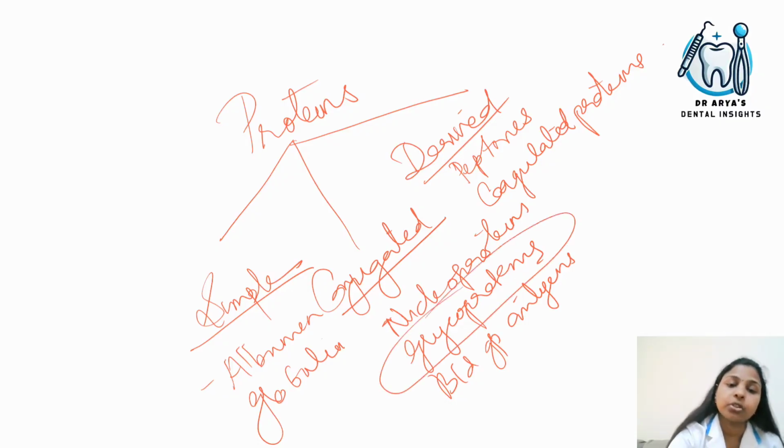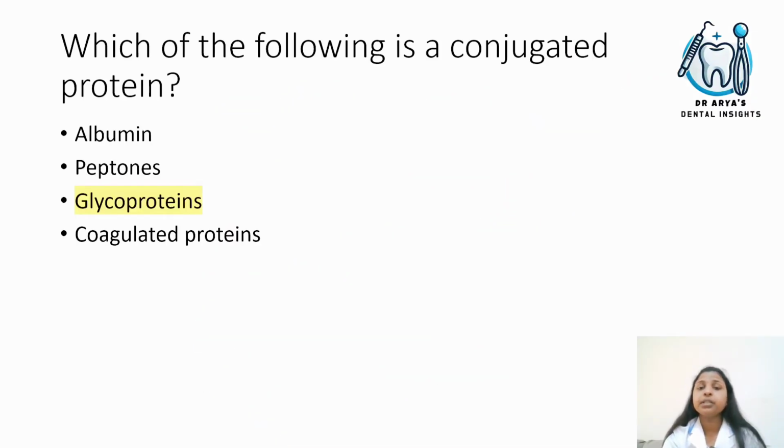And also nucleoproteins and blood group antigens are conjugated proteins. And a very commonly asked question is the derived protein. Which is a derived protein? Peptones and coagulated proteins are the derived proteins, and albumin and globulin are the simple proteins. Clear? Okay. So the answer is the conjugated protein is glycoproteins. Okay.